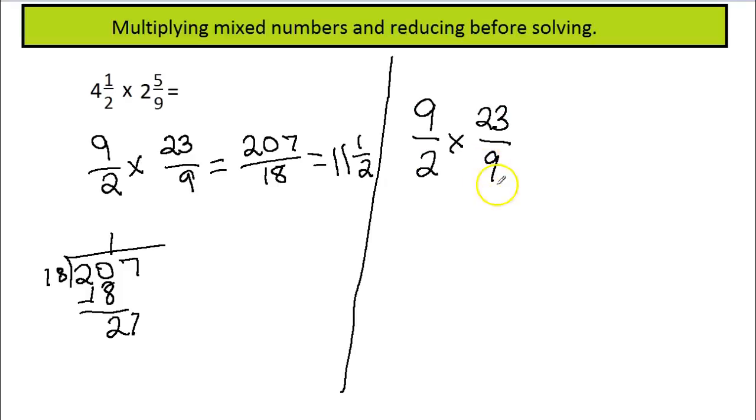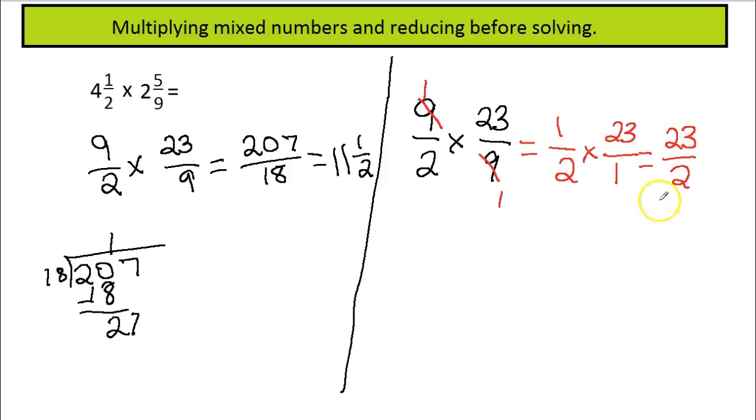However, I do see that I can reduce the opposite numerator and denominators on this side, the two 9s. And obviously, their common factor would be 9. So I'm going to divide them both by 9, and I'll get 1. So now this becomes 1/2 times 23/1. So much nicer to solve here.